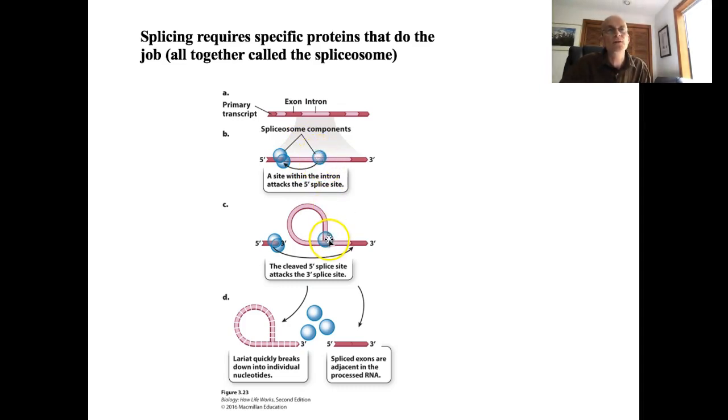And when that protein is around, and these proteins are around, and they're binding at the end, then they can together form this loop or lariat, and then pull this end towards this end, take out the pink part. That is now our intron that gets degraded, and then the spliced exons next to each other are then what's left.